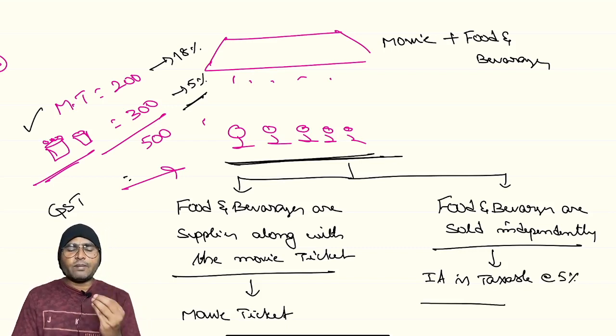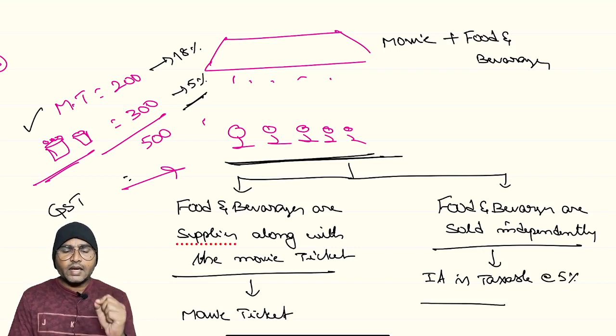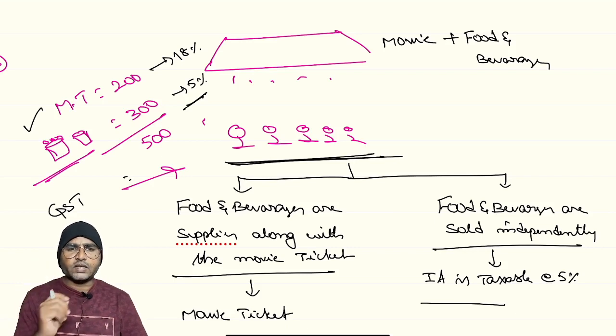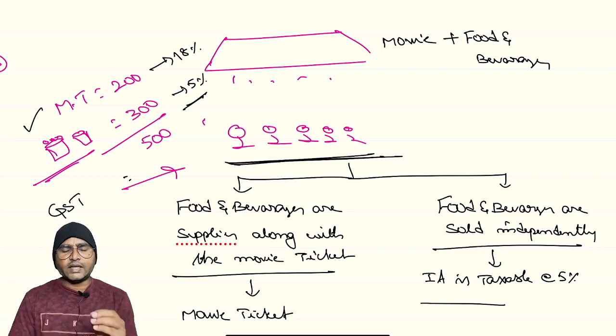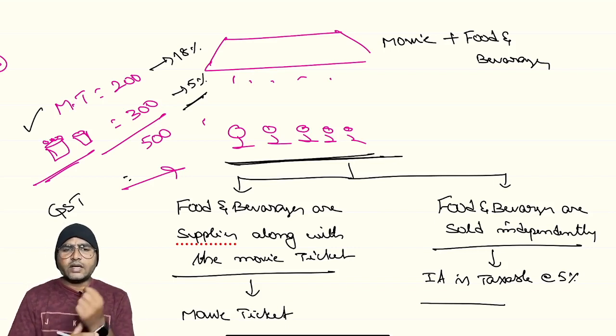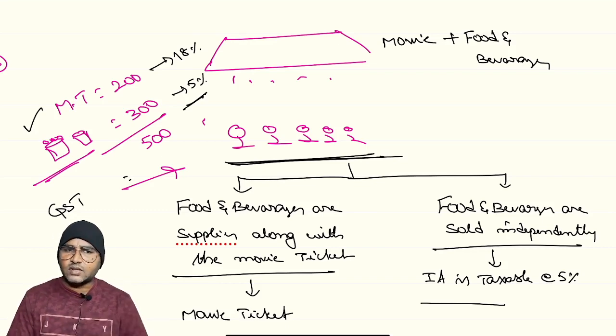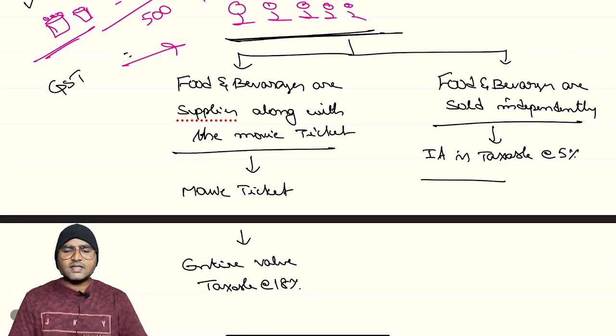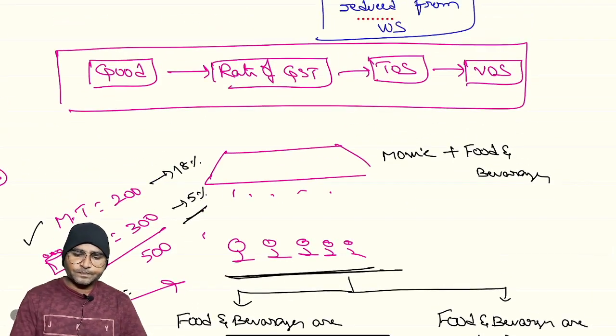So even the food and beverages supplied independently at the movie theater, it is taxable at the rate of 5%. Suppose along with the movie ticket, any food and beverages are supplied, it will be treated as a composite supply. Thereby, whatever the rate of GST applicable to the food and beverages, it will be applied on total value of the supply, right? So this is the new clarification.